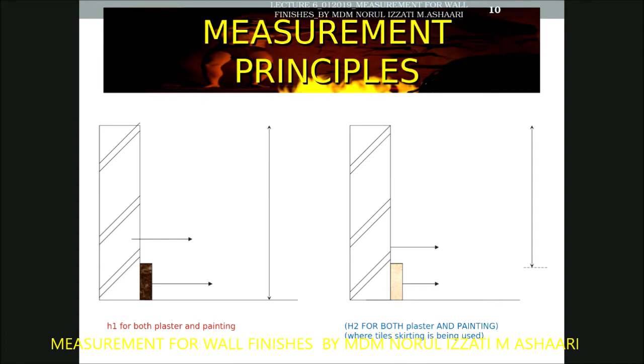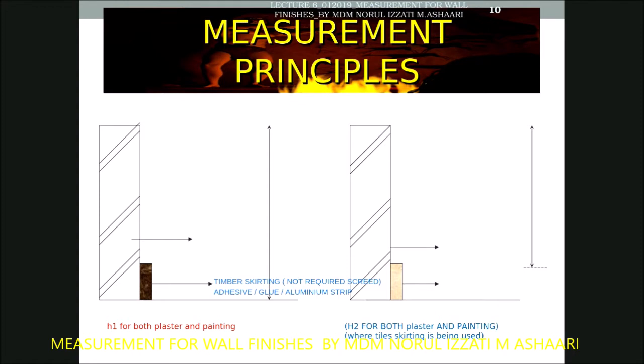For example, if the timber skirting uses adhesive, or maybe just glue, or maybe the skirting is made from aluminium strip, this normally does not require screed behind. So whatever in situ finishes for the skirting is not required to use screed, then the height that you have to measure for the wall will be H1. That means from the lowest until the top.